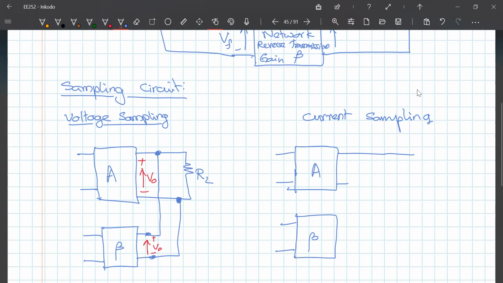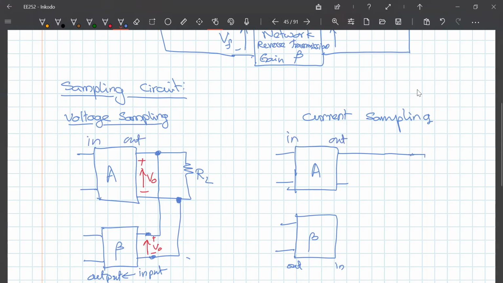Remember, in this case, this is the input, this is the output of the feedback network. The input to output is this direction. Whereas here, the input of the amplifier is in, so the feeding back is going in the other direction.